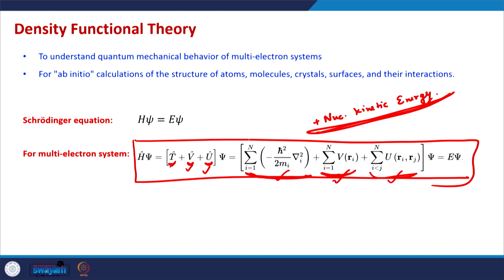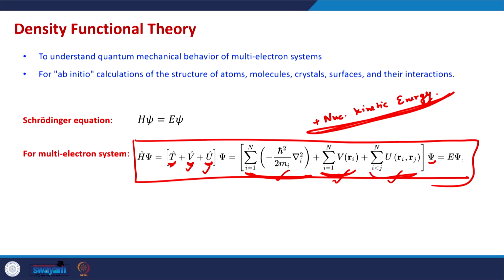And in this N electron system, if we are trying to understand the system and find all its properties, we need to finally calculate the wave function of the system. We need to put this Hamiltonian in the Schrodinger equation, and this is finally what we obtain.